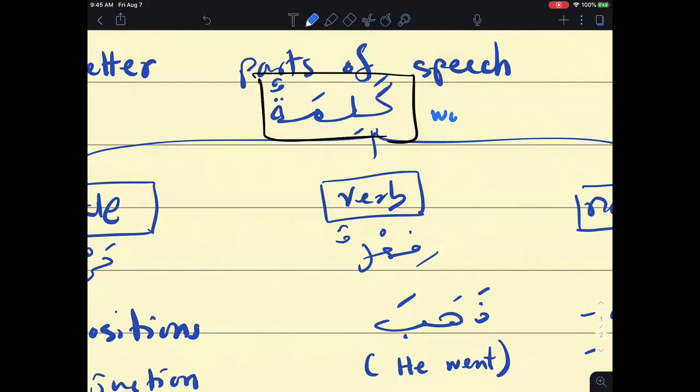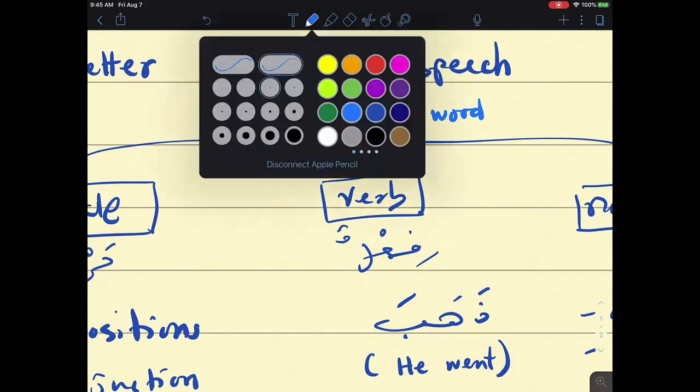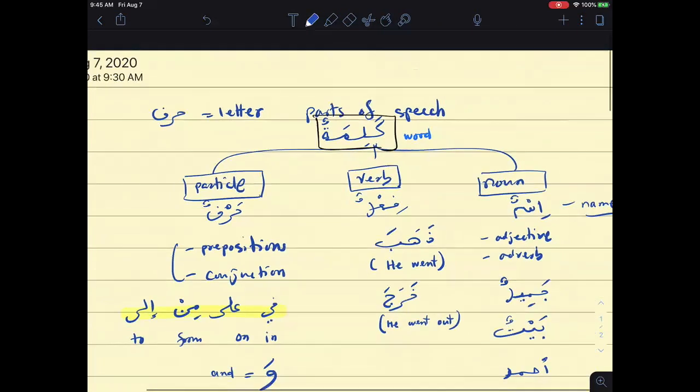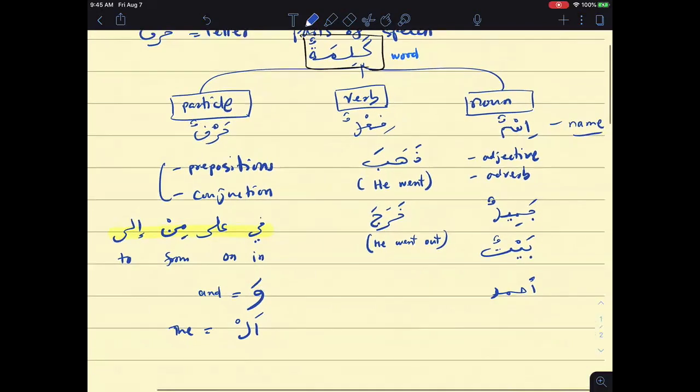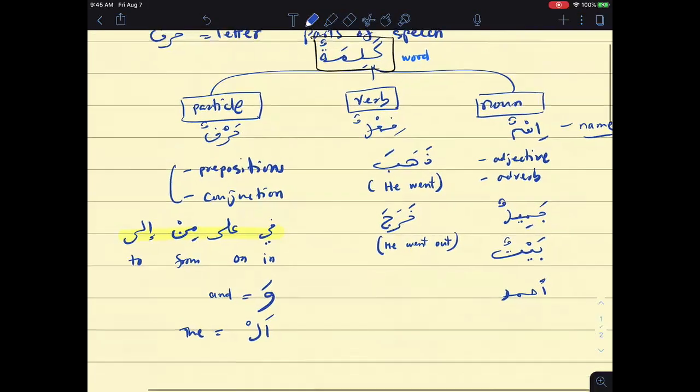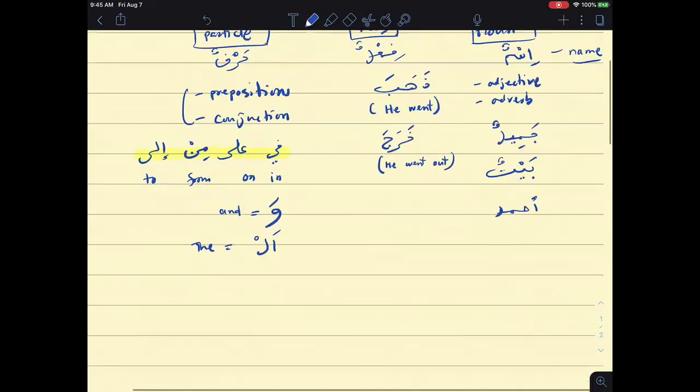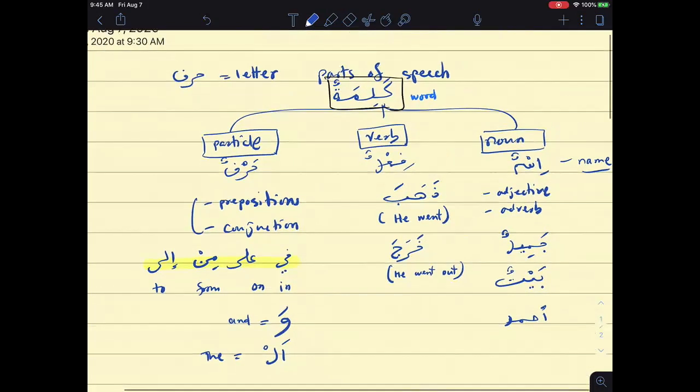Kalima is word. In classical Arabic it can also mean sentence, but right now mostly it means a single word. So basically what they're saying is that a word can be either noun, verb, or particle. Any word you can come up with, you can categorize in one of these three categories.